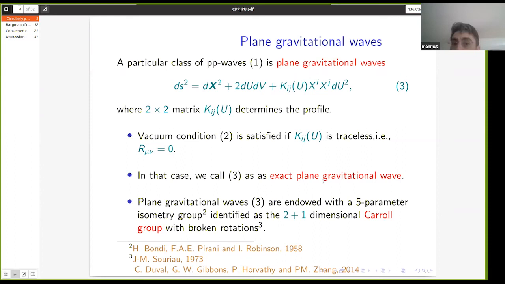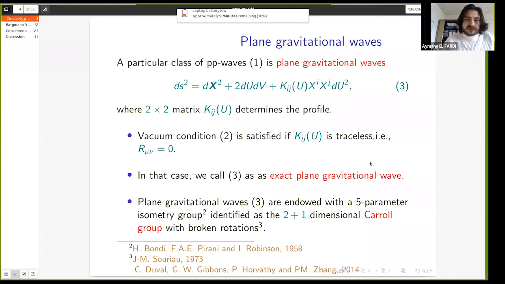For any K_ij, which is a 2x2 matrix that depends on U, we have 5 symmetries. But for particular K_ij, you may have more symmetries. And this is the stuff that we have now.